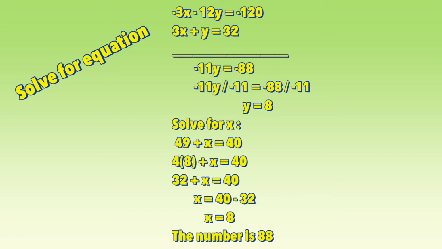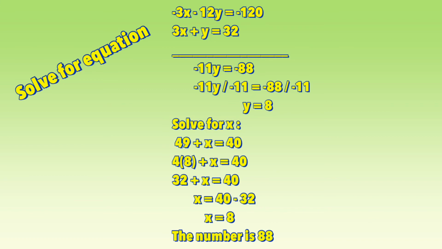Then solve for x using equation 1. Equation 1 is 4y plus x equals 40. The value for y is 8, so we substitute now. 4 times 8 plus x equals 40. 4 times 8 equals 32. Copy x equals 40. Then we have to simplify.